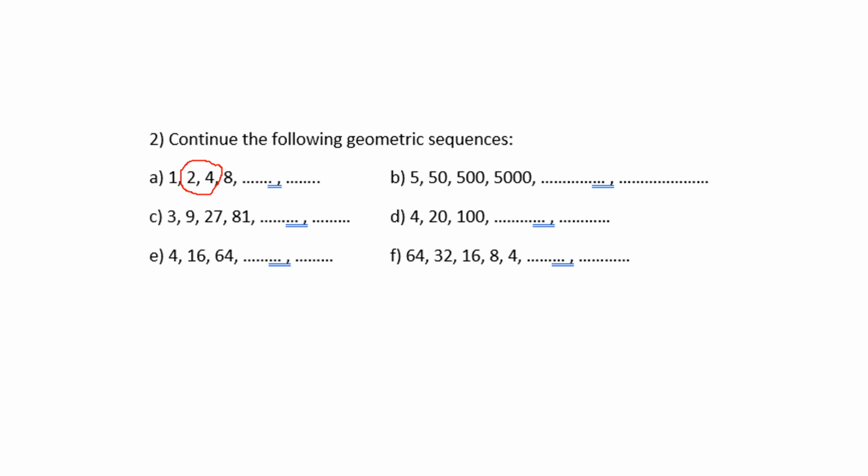That number is our common ratio. And in fact, if you divide 8 by 4, you get 2 again. So each time we are multiplying by 2 in order to get the next term. That's a good way to find your common ratio. So work through these, and there will be an answer sheet attached in Classcharts. Answers are not in this video.